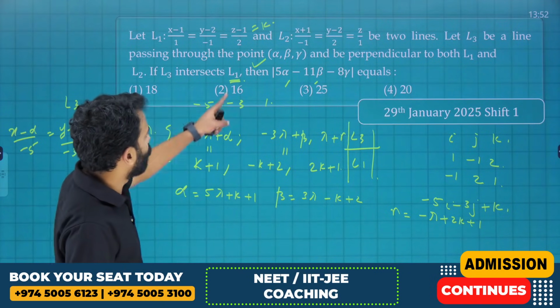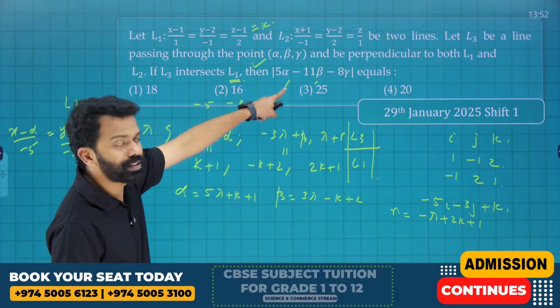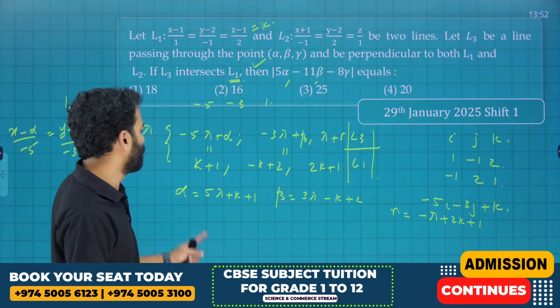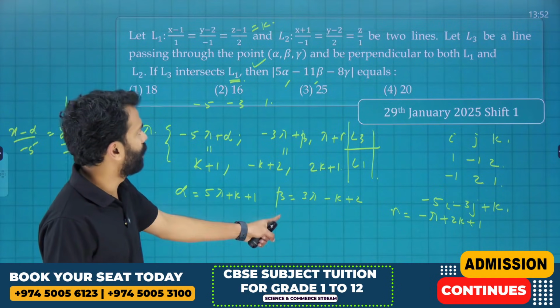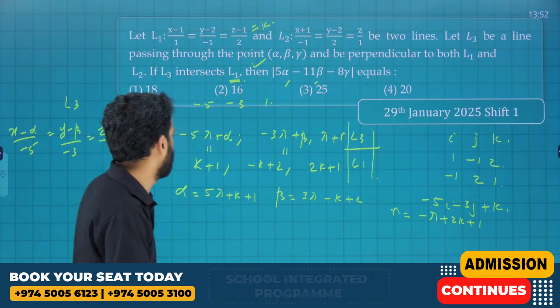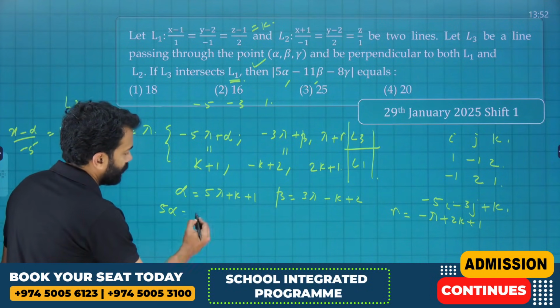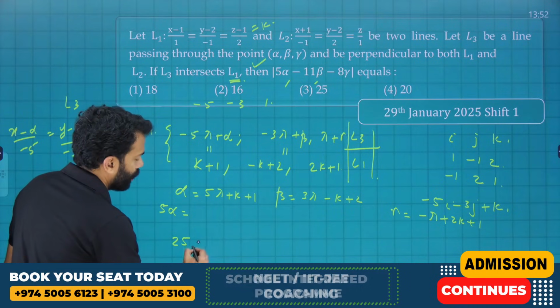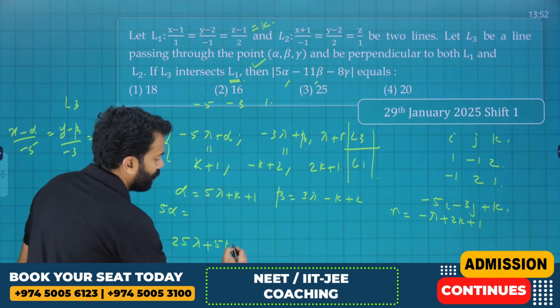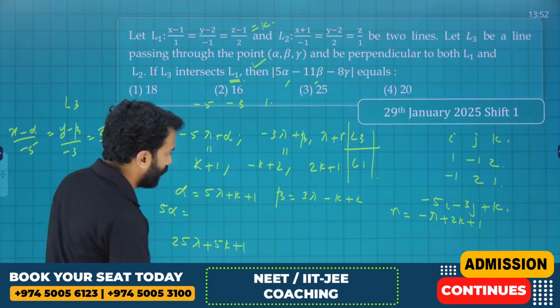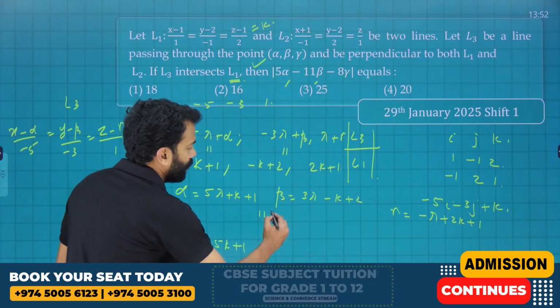And we need to find the modulus of 5 alpha minus 11 beta minus 8 gamma, right? Just directly write 5 alpha, 11 beta and 8 gamma here. 5 alpha is equal to 25 lambda plus 5k plus 5. I hope you are getting the idea here. And what is 11 beta?